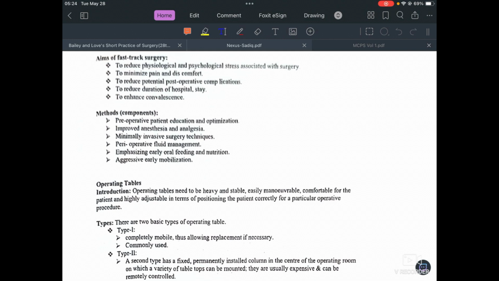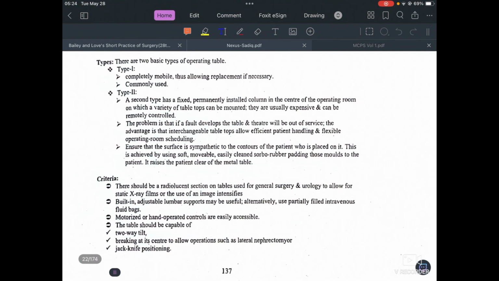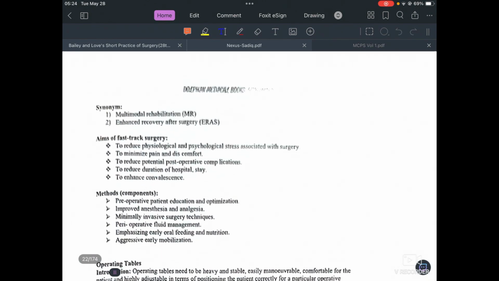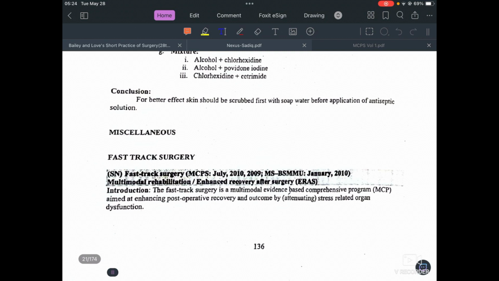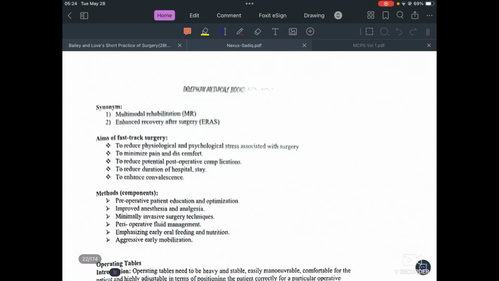It is very small but very effective. So again, the ERAS protocol or enhanced recovery after surgery is a multimodal, evidence-based comprehensive program that aims to enhance postoperative recovery and outcome by attenuating stress-related organ dysfunction.